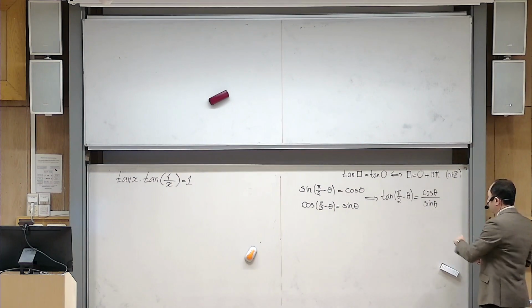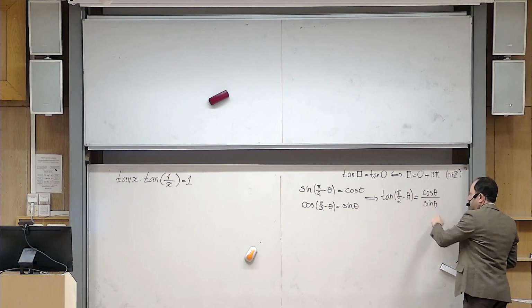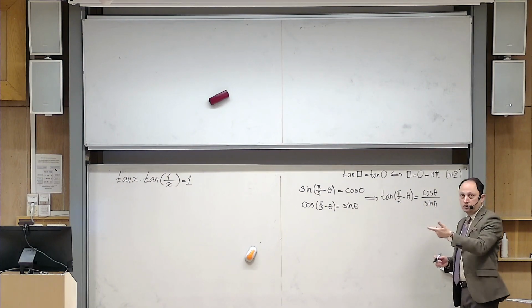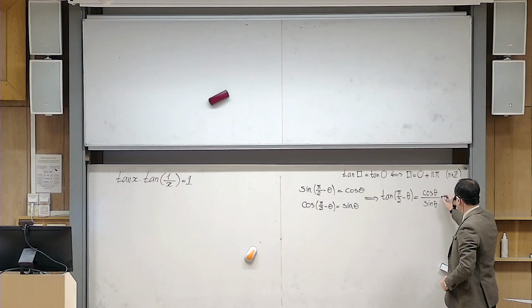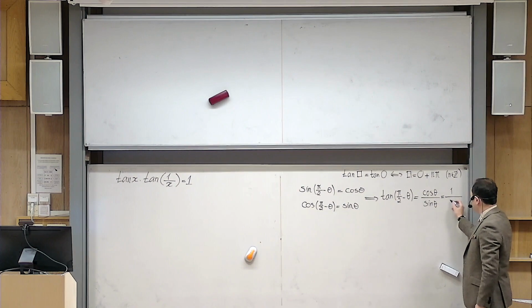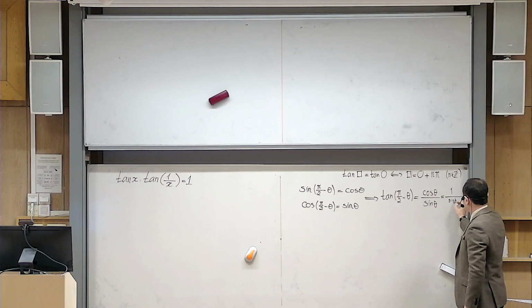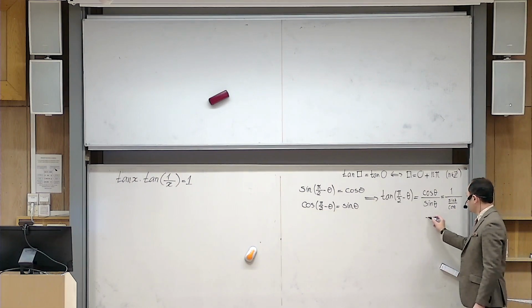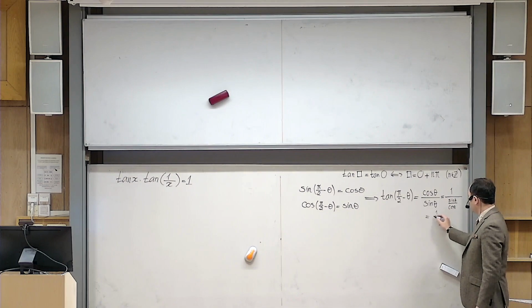But cosine theta over sine theta is not the tangent, yes? It is the reciprocal of the tangent. So what I can do is write 1 over, instead of cosine over sine, sine over cosine. But sine over cosine is just tangent. So this becomes 1 over tangent.